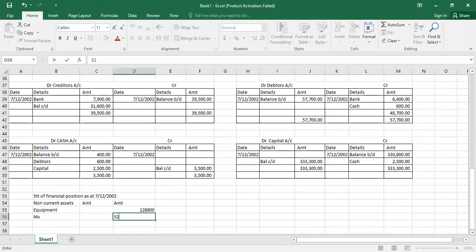Do you have any other non-current assets? We don't. We can just get the total. The total is 191,700. Then we go to the current assets.